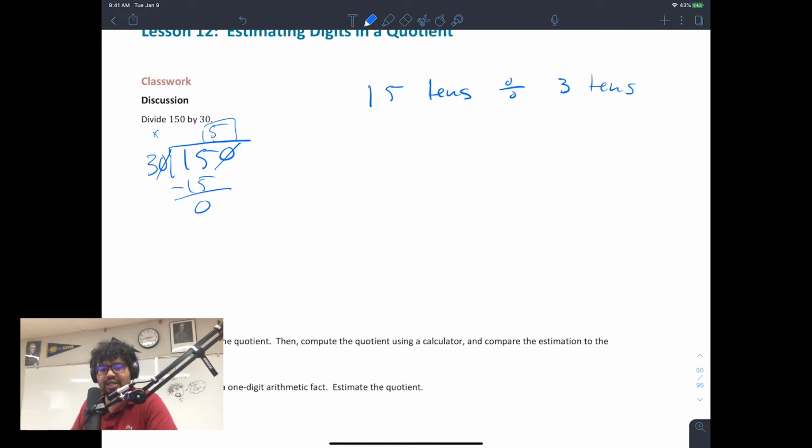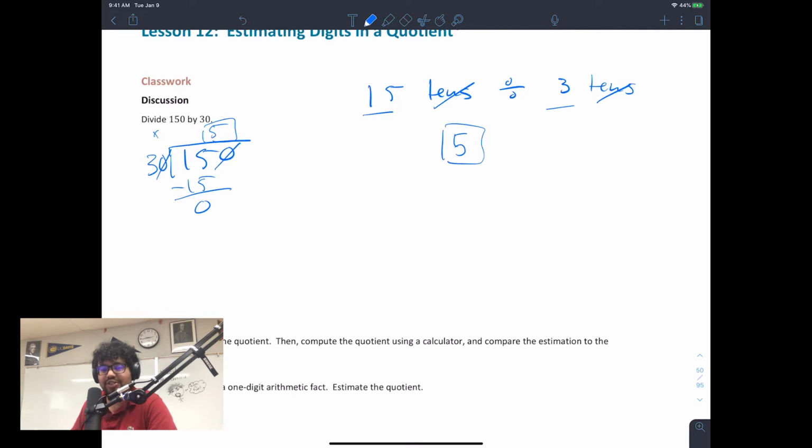Because 15 times 10 gives you 150, and 3 times 10 gives you 30. So then you can eliminate the tenths, and now you have 15 divided by 3. And 15 divided by 3, once again, is 5. So we can think about it this way as well.